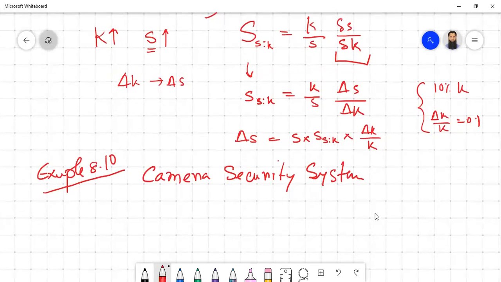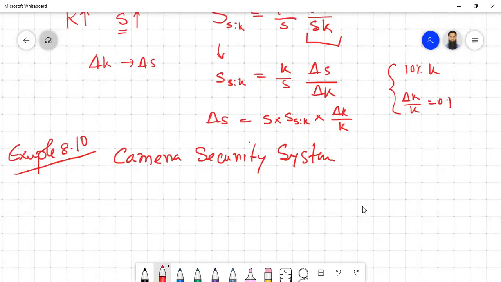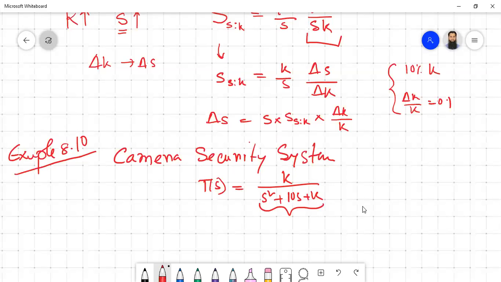We had the characteristic equation, a closed loop equation, S square plus 10S plus K. So this is our characteristic equation.